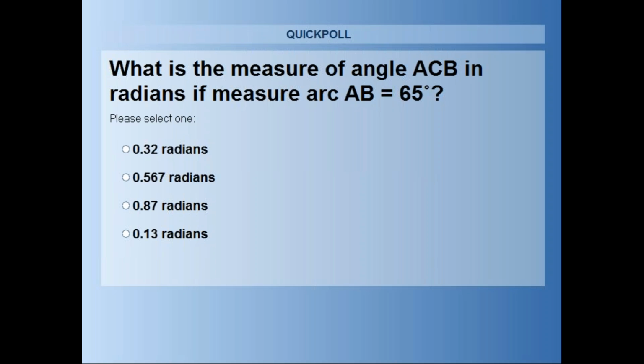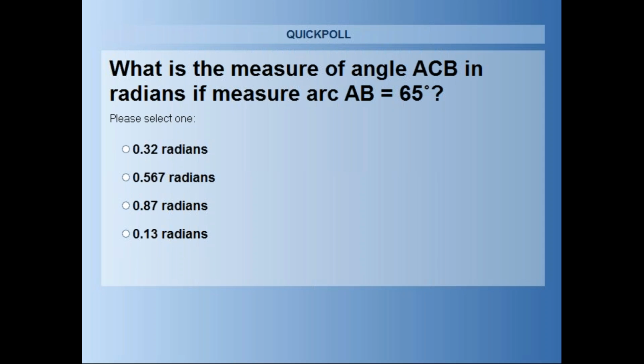What is the measure of ACB, which is an inscribed angle, in radians if AB, the arc, measures 65 degrees? So 65 degrees is the arc measure, which is equivalent to the central angle measure, right? So the central angle measure is 65.